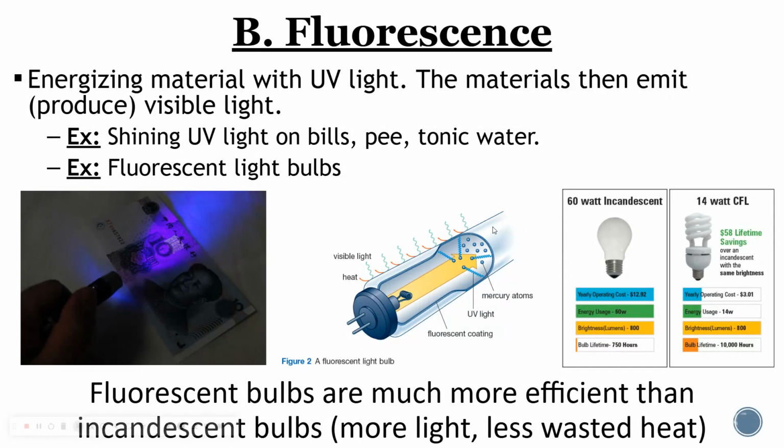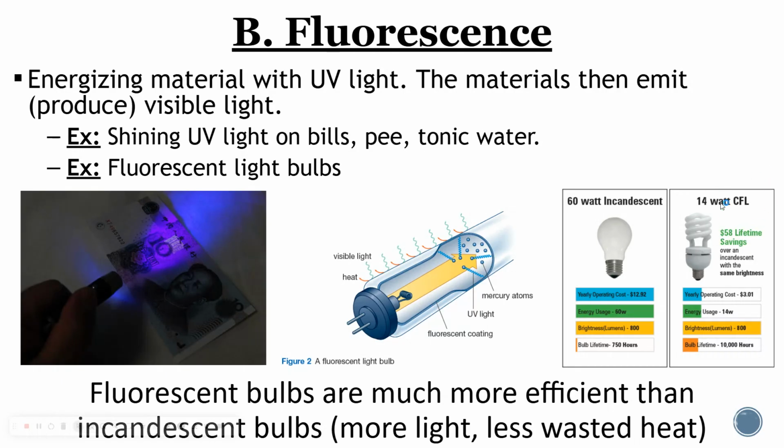So when you pass electricity through here, mercury atoms inside the fluorescent bulb will release UV light. You can't see UV light. It's actually invisible, so you don't see that. But the UV light is causing the fluorescent coating on the inside to become energized, and that's leading to it releasing light that you can actually see. This is more energy efficient because it does not produce as much heat.